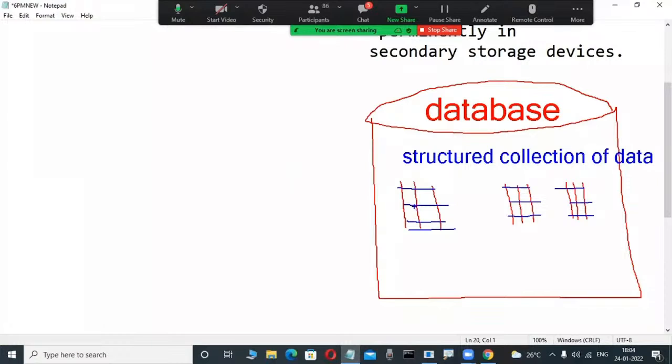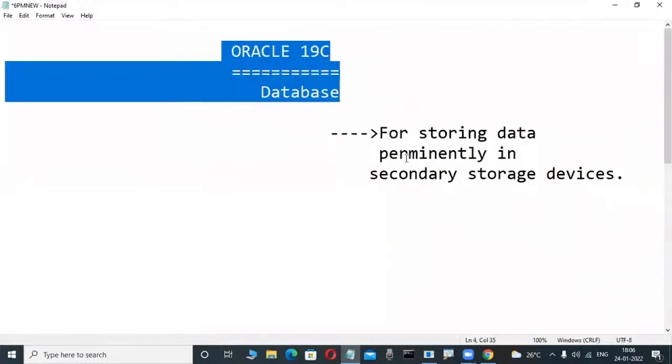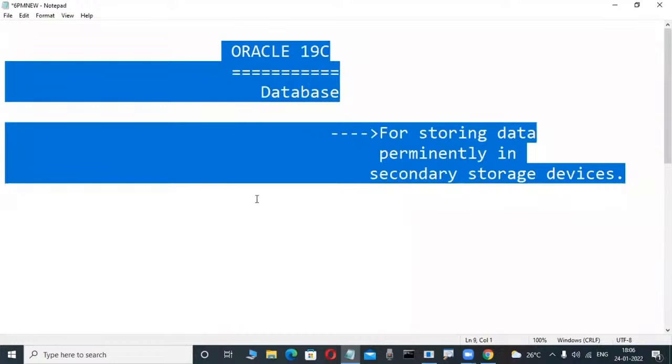Once a structured collection of data is there, for handling and operating this data we use SQL, Structured Query Language. That's why these databases are implemented based on the relational data model. What is that? Today I will tell you.